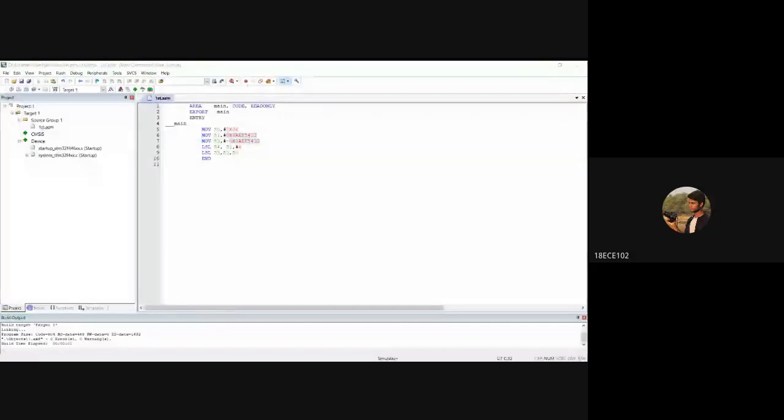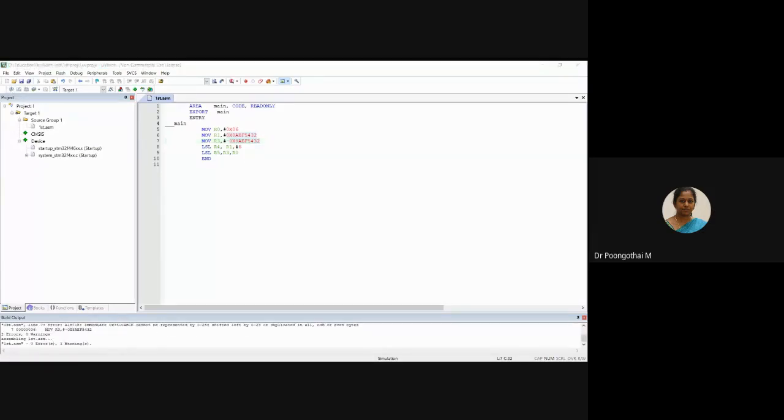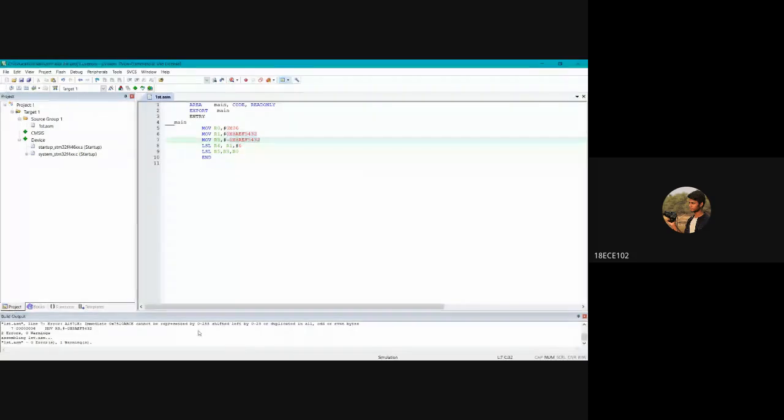What's your roll number? 102. Okay, what is the problem here? Ma'am, it's telling that it's unable to encode. The same problem, ma'am. They have to load 16-bit, but they are loading 32-bit.